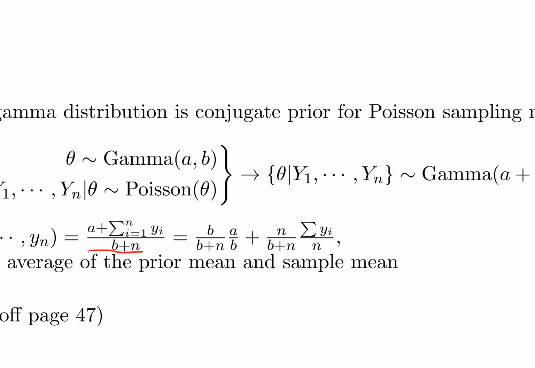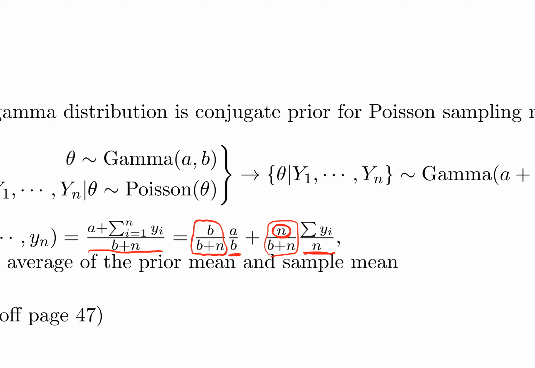And we break it into this weight times the prior mean, and this weight times the sample mean. So again, you see the relationship between the prior mean and the sample mean to the posterior mean. And you can see the effect of n here. Remember, n is the sample size, right?